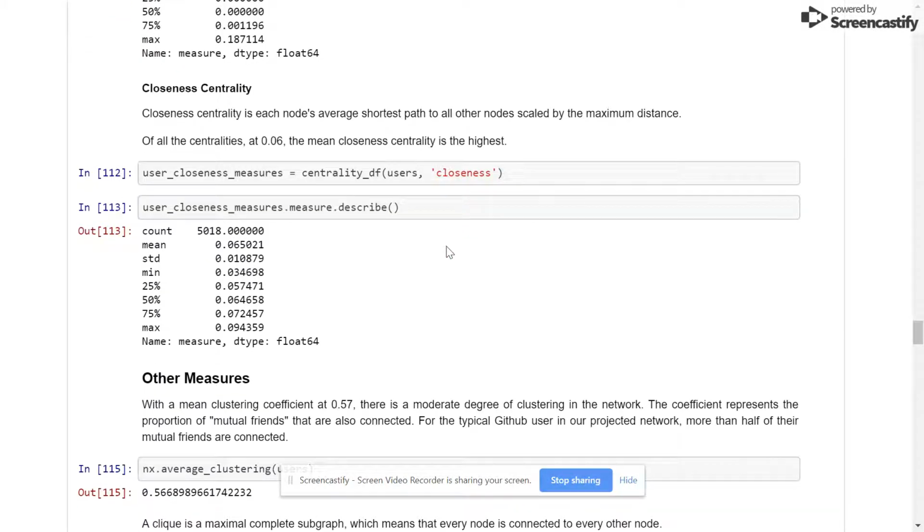Finally, let's look at closeness centrality. Closeness centrality is the node's average shortest path to all other nodes scaled by the maximum distance. And this is actually the highest centrality metric of all the other centralities. It has a mean of 0.065.